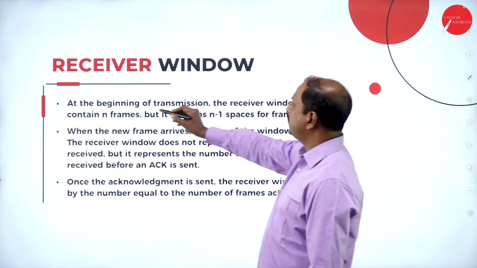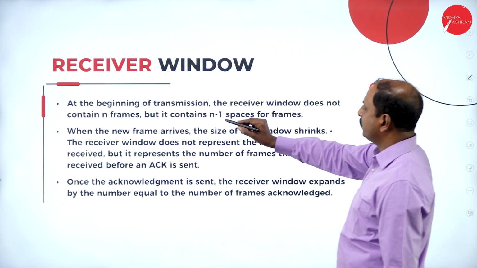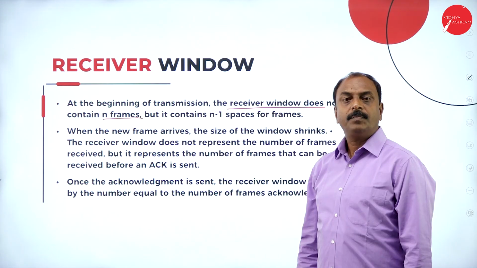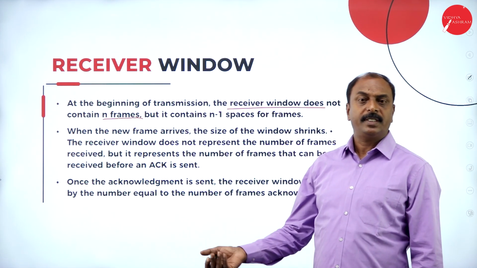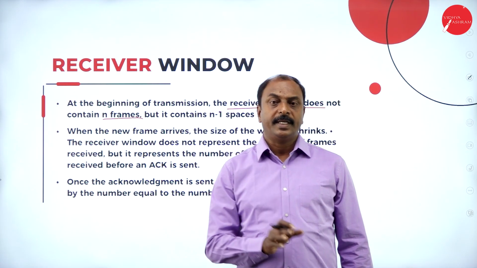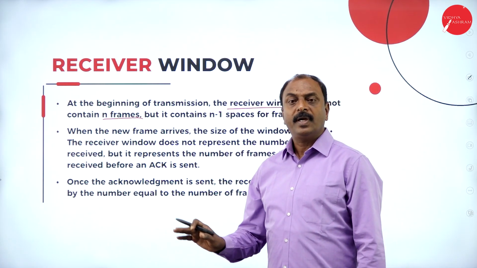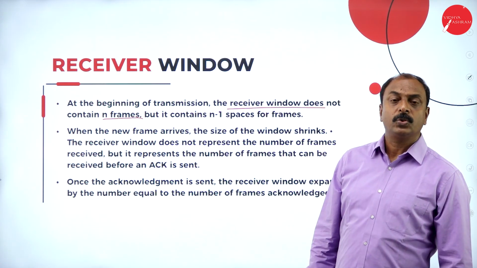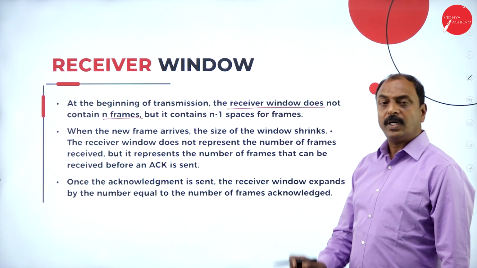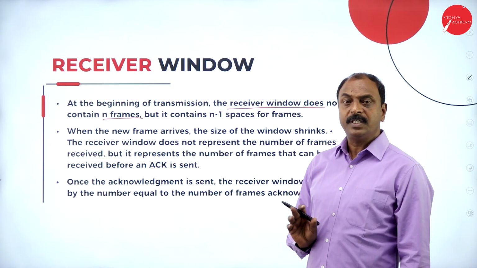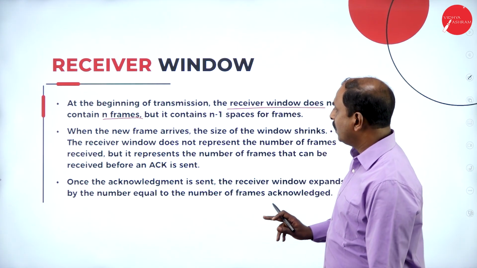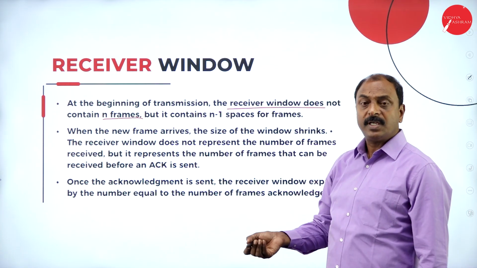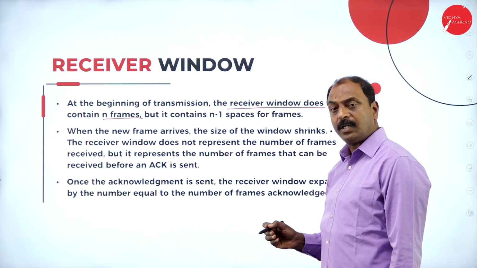Next one is the receiver window. At the beginning of the transmission, the receiver window does not contain any frames because the sender has to send the data. Before the data transmission, the window at the sender end is filled with n-1 frames, but at the receiver end there are no frames as it has not received any data from the sender.